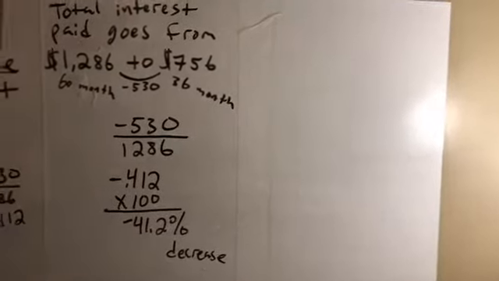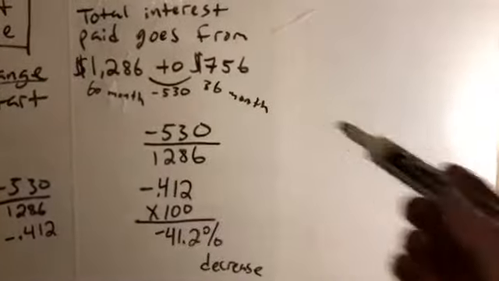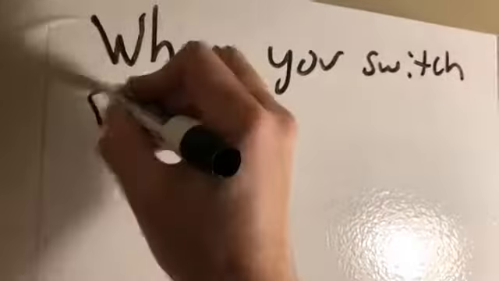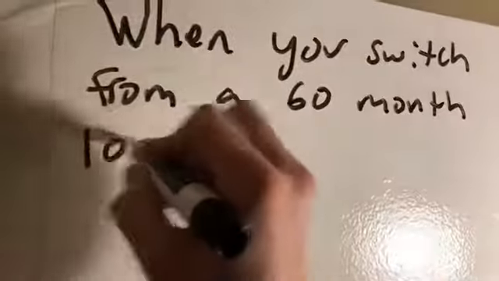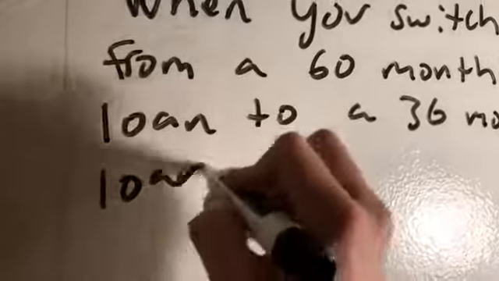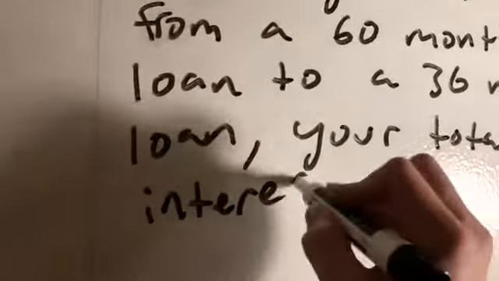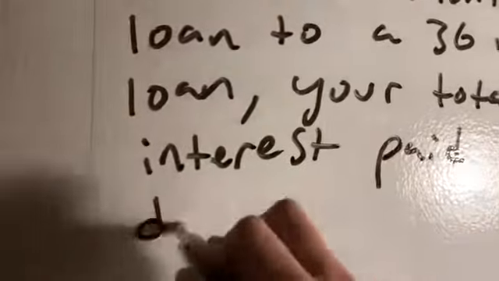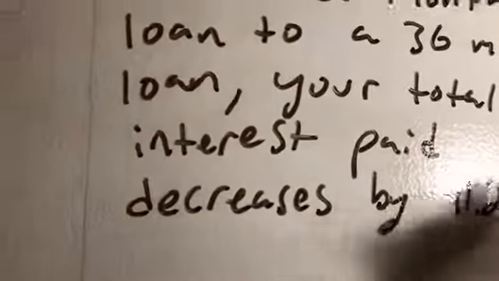So you could say, when you switch from a 60-month loan to a 36-month loan, assuming that's where you got your interest numbers from, your total interest paid decreases by 41.2%.